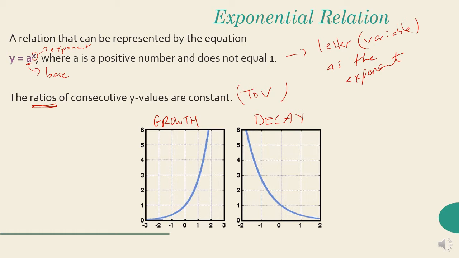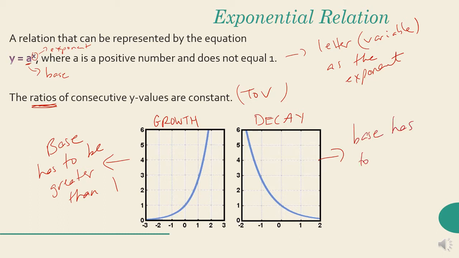When you're looking at an equation for the growth, the base has to be greater than 1. For decay, the base has to be between 0 and 1, not including 0 and 1 though.